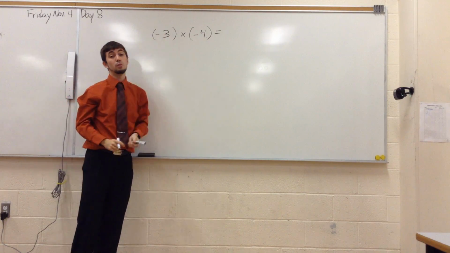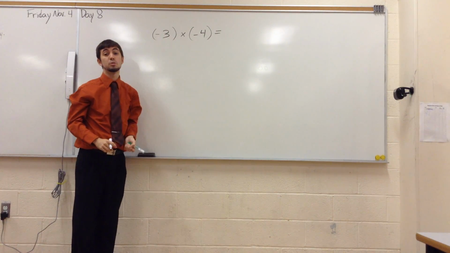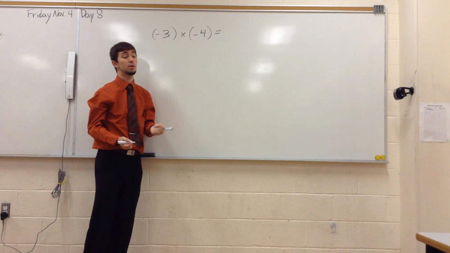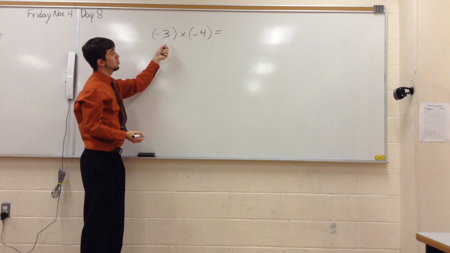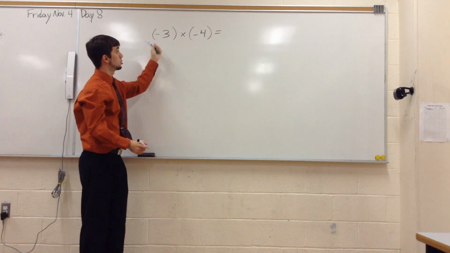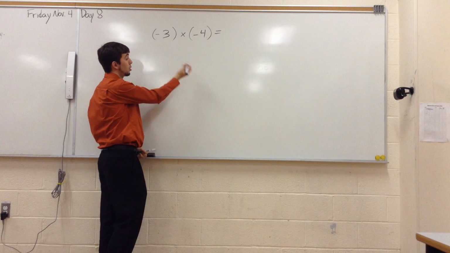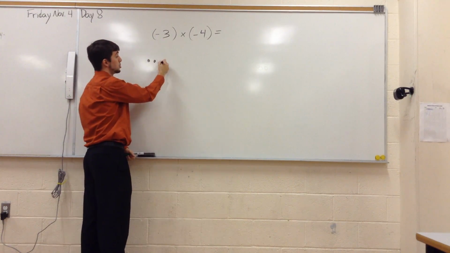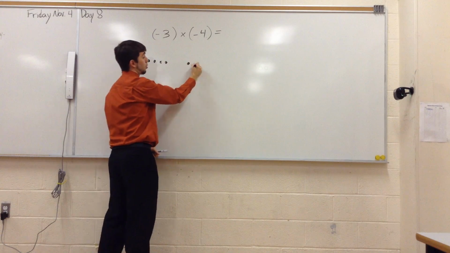Negative 3 times negative 4, there's no point in trying to switch the numbers around. They're both negative. You're going to have to take out so many groups of your tiles. This reads take out 3 groups of negative 4. So I'm going to take out 3 groups of negative 4. I don't have any tiles here to take out, so I'm going to add in 3 groups of negative 4.